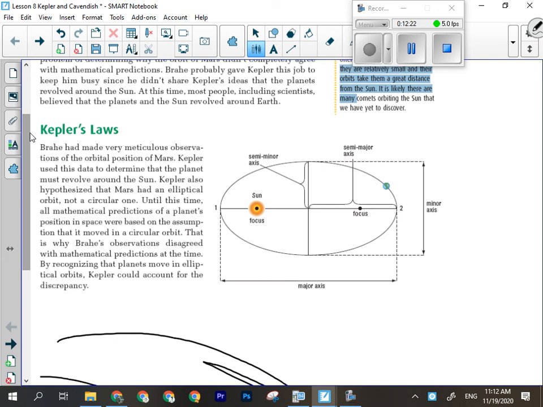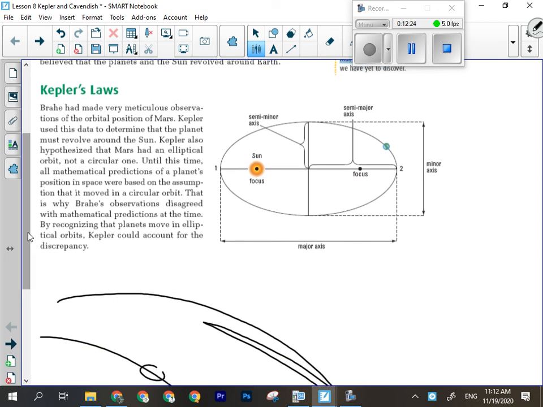All right, so Kepler said everything in our solar system orbits the sun, but those orbits are not perfect. They're not perfect circles. Everything orbits in an ellipse. He called it the Law of Elliptical Orbits. So basically what that means is there are points in the Earth's orbit where it's closer to the sun than others.